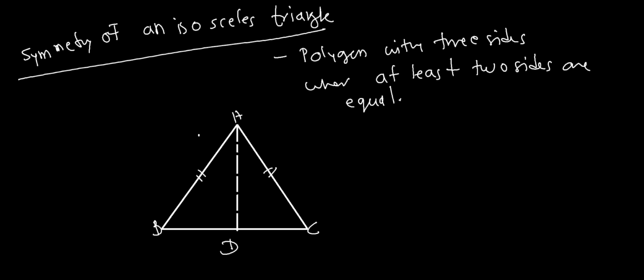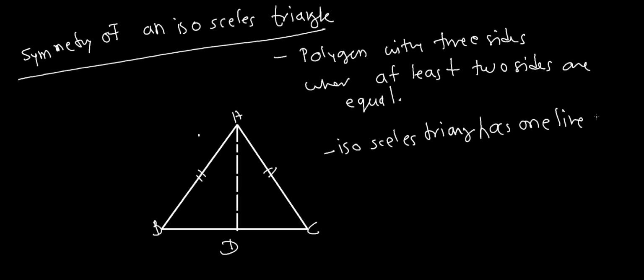So here an isosceles triangle has one line of symmetry, which is along the median.